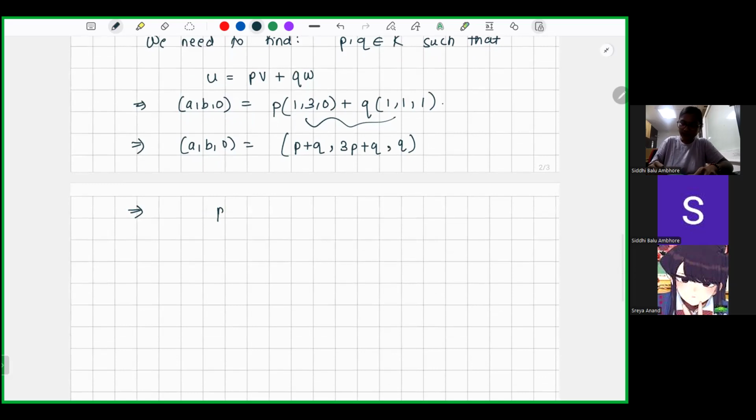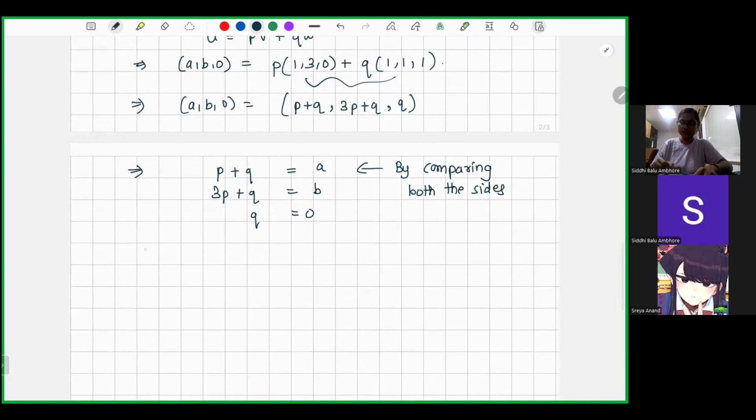This implies p plus q must be a, 3p plus q must be b, and q must be 0, if I compare both sides.